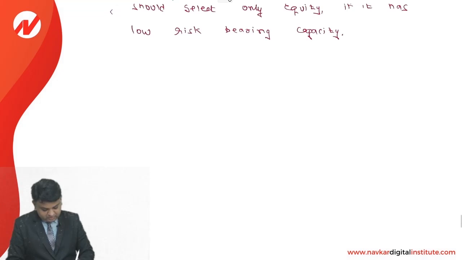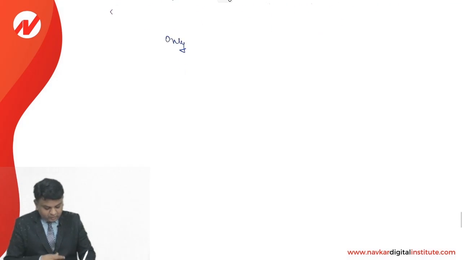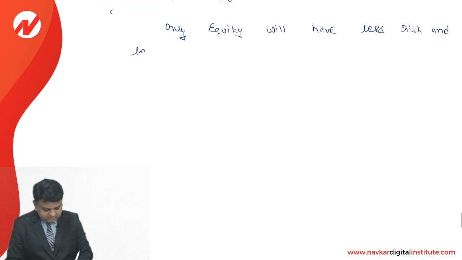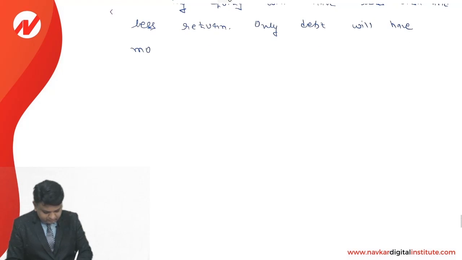With paragraph, write down: only equity will have less risk and less return. Only debt will have more risk and more return.